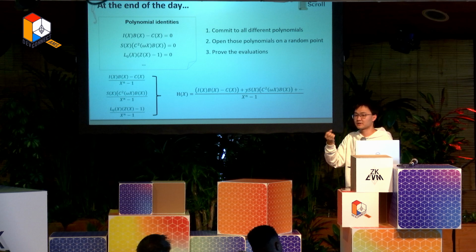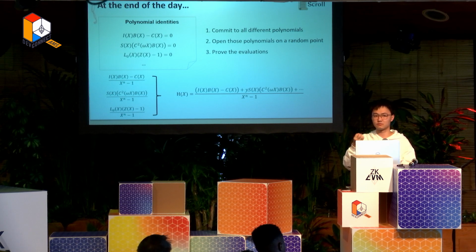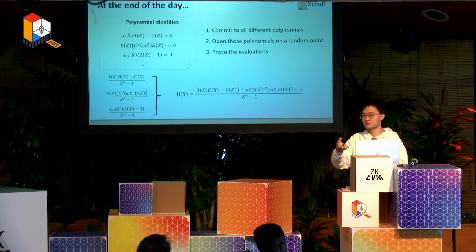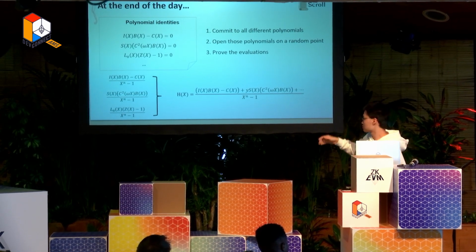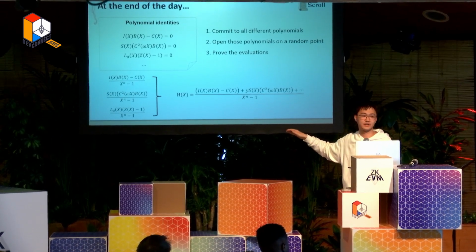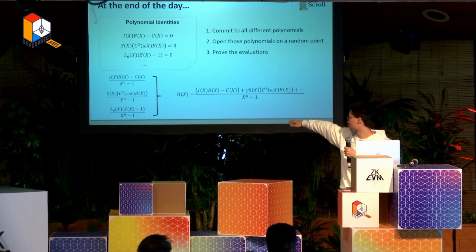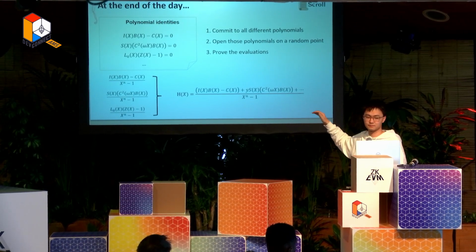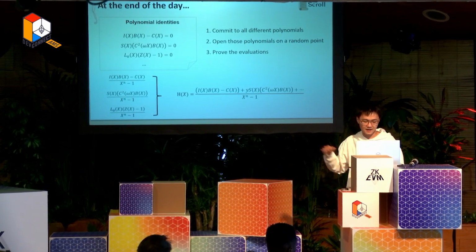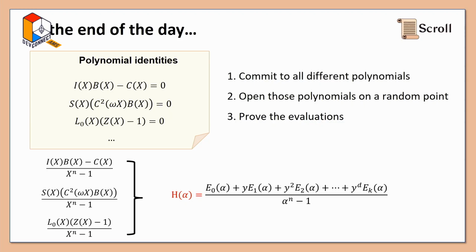But if you are just doing a size n FFT, you get n points, which can't be interpolated to get your degree 2n polynomial. So that's the reason why you need a higher degree, larger size FFT, because you need to accommodate those high degree polynomial identities. And then after you get this, you need to evaluate that at a random point.